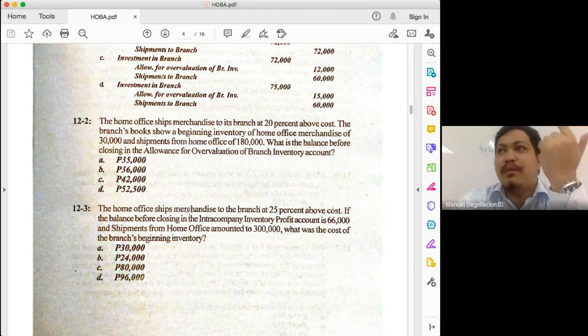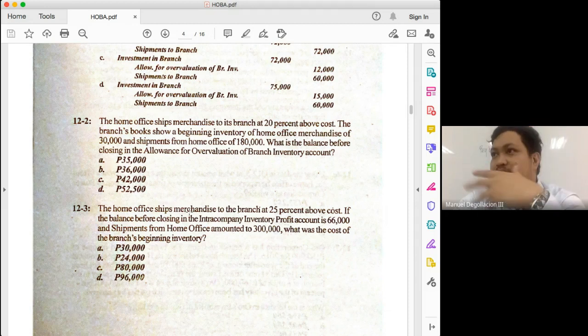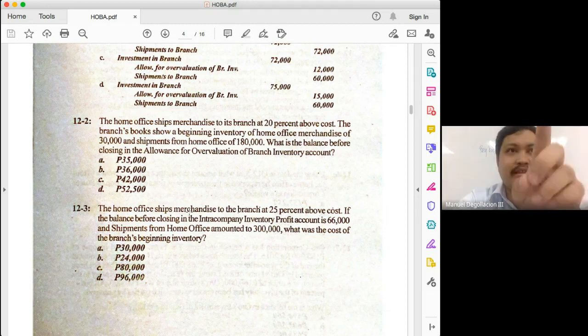The records of the branch, as far as the inventories are concerned, are always at billed price. So that means this 30,000 already includes the markup. If the 30,000 was at cost, what would have been our procedure, class, to determine the markup?